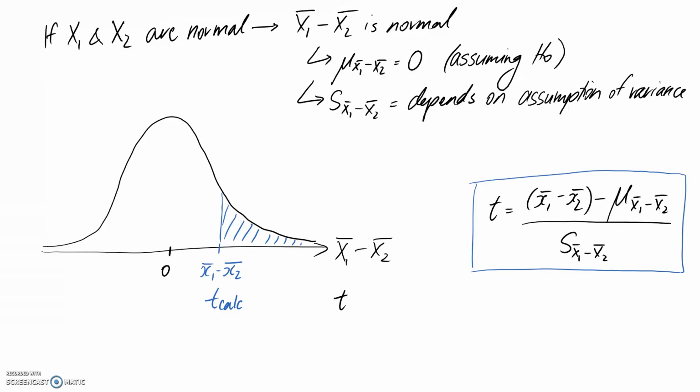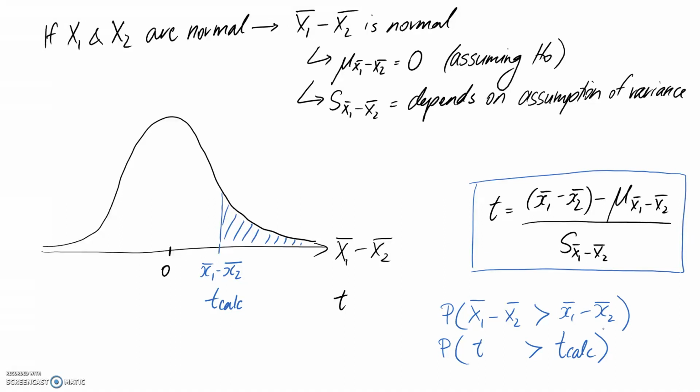In my example, I would be looking for the probability that x1 bar minus x2 bar is greater than this value we got out of our samples. Then we could convert this over into the t-scale, so we'd be looking at a t-value greater than this calculated t. Of course, this is equal to the p-value, and you could compare your p-value to your level of significance to decide whether to accept or reject the null hypothesis.